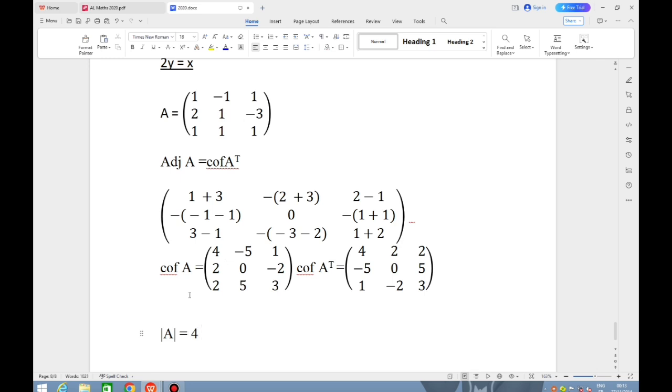And the second entry is negative times 1, which is going to be positive 1 into 2 minus minus 3, which is 5. That's 4 plus 5. And the final entry is 1, which is going to be 2 times 1 is 2 minus 1 is 1. And if you add, the determinant of A is equal to 10.